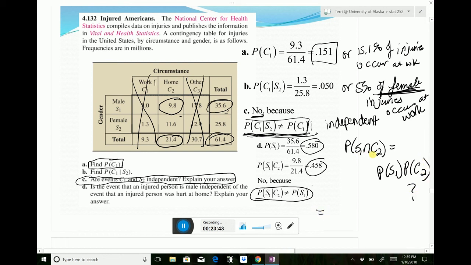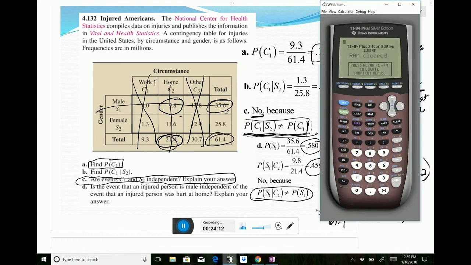The probability of S1 and C2 is 9.8 out of the total, because remember, it's the intersection. Is that equal to the probability of S1, which is 0.58, times the probability of C2, which is 21.4 over 61.4?